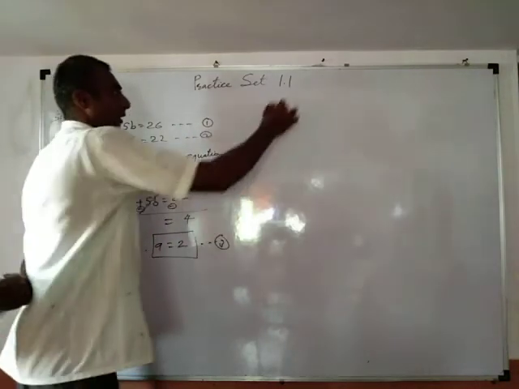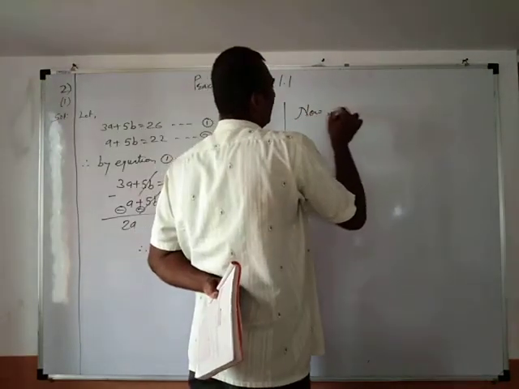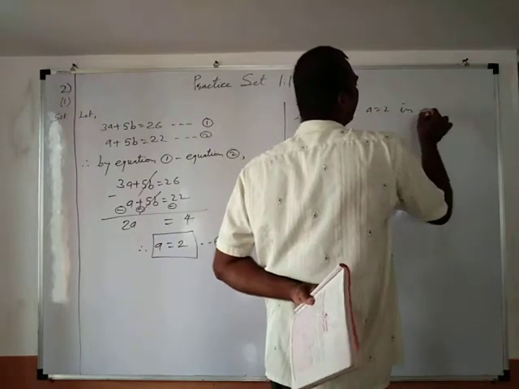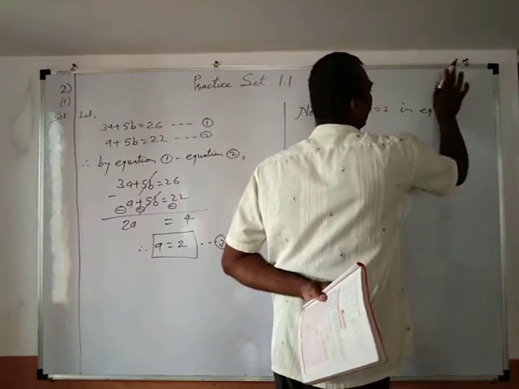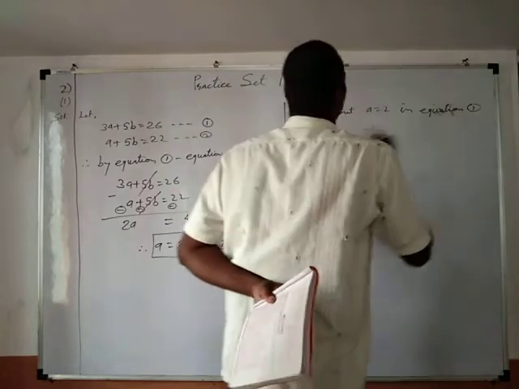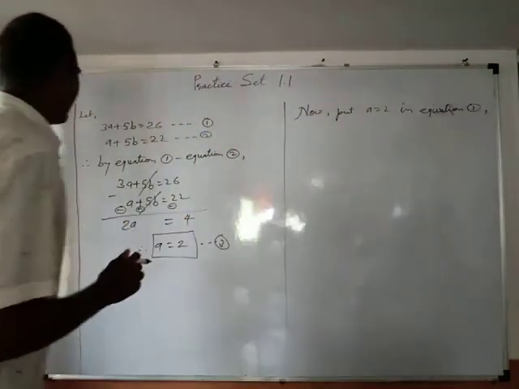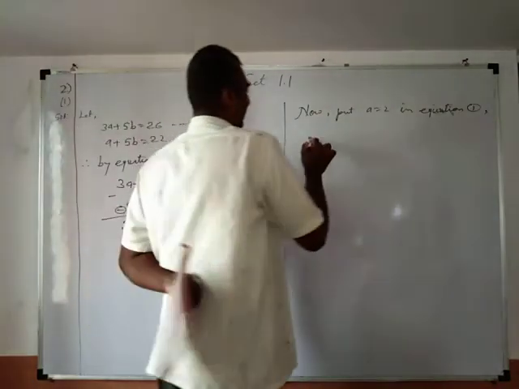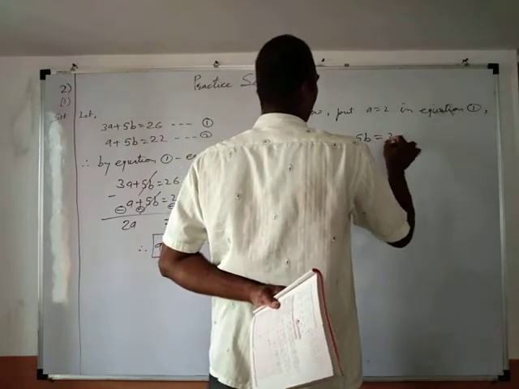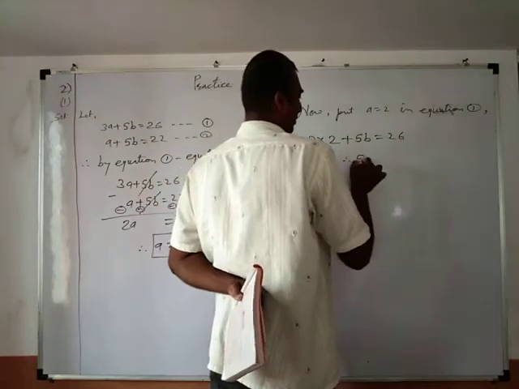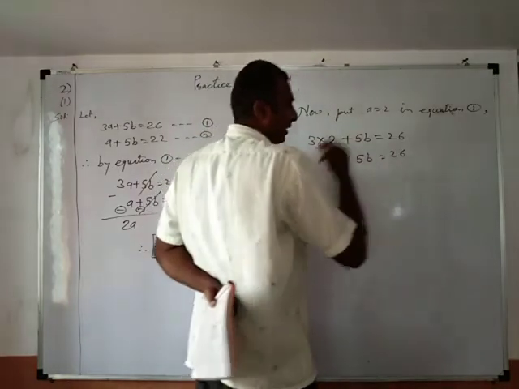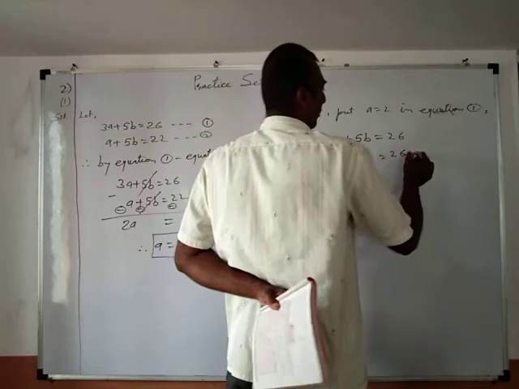Now put a = 2 in equation 1. By putting the value of a as 2 in equation 1, let us write 3 into 2 + 5b = 26, and therefore 5b = 26 - 6. 3 twos are 6, which is positive on the left side, and transferring it towards the right side it gives -6.